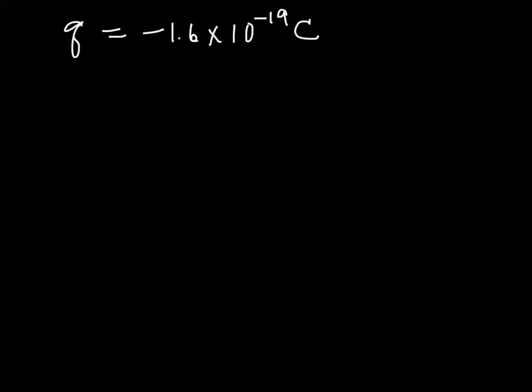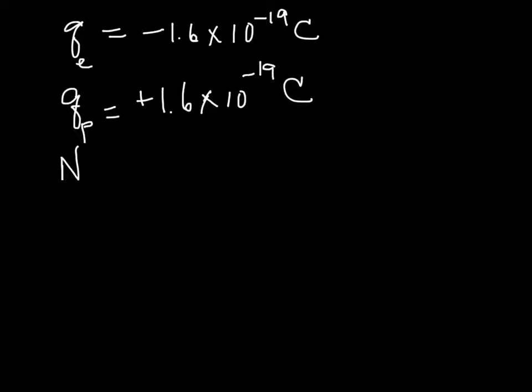The charge on a proton, Q_p, is positive 1.6 times 10 to the minus 19 coulombs. And remember that the charge on a neutron is 0. So it's very important to remember what the charges are on these particles. You will be given this on the AP exam, by the way.